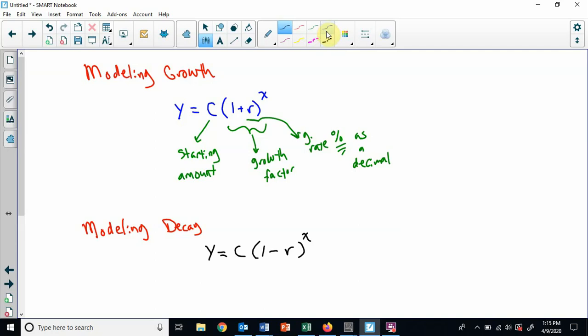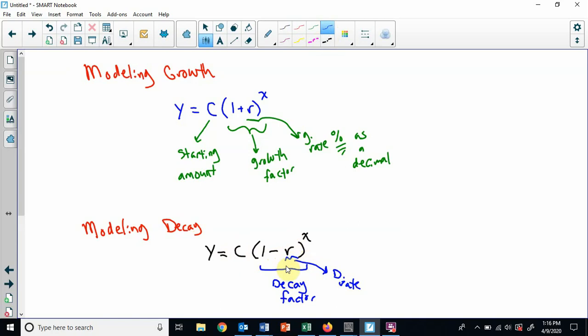Okay? So this is the decay factor in here. And R is the decay rate. And C is still your starting number.